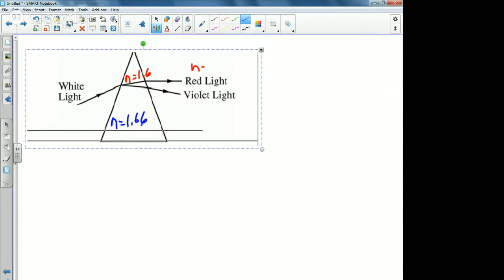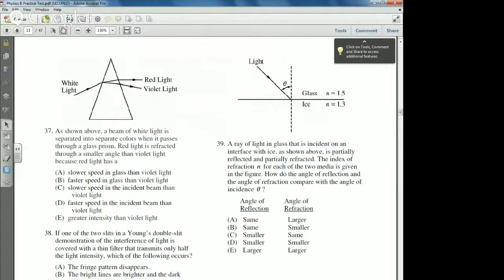If you're talking about from air, n equals 1. So you can see violet simply bends more because there's a greater difference from 1 to 1.66 versus 1 to 1.6. And the fact is, the higher the index of refraction, the slower it goes, the more it bends. So red light is choice B. Is faster in glass than violet light.